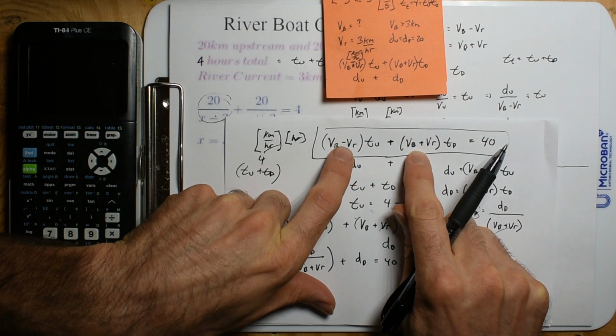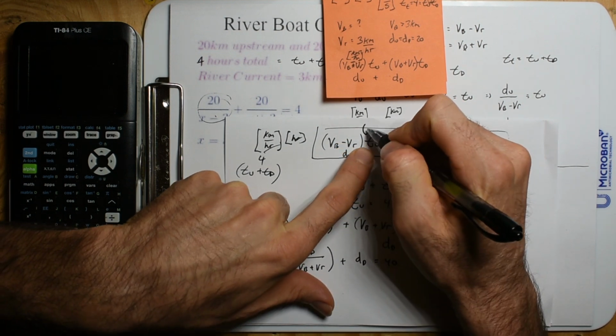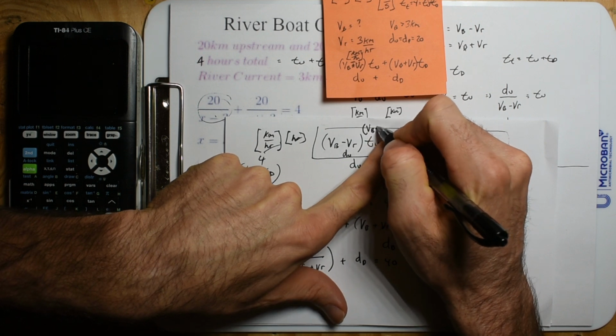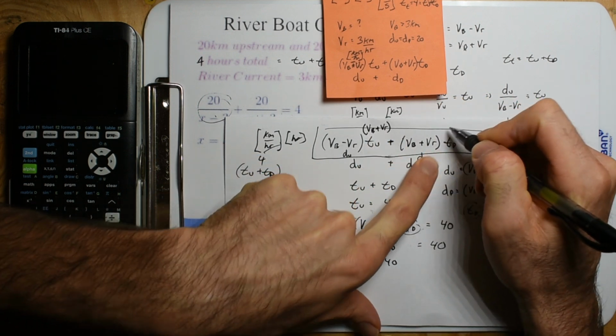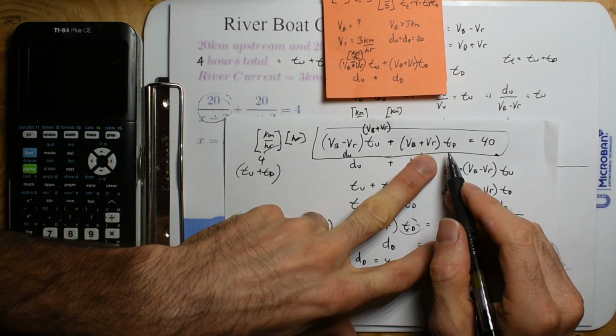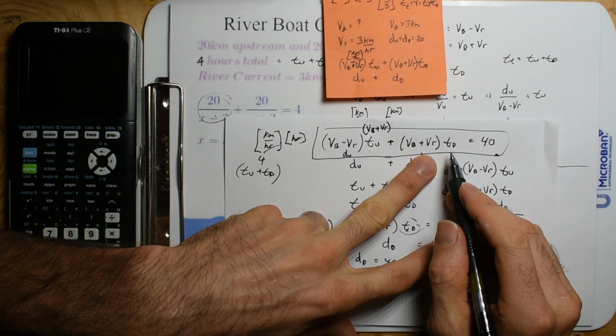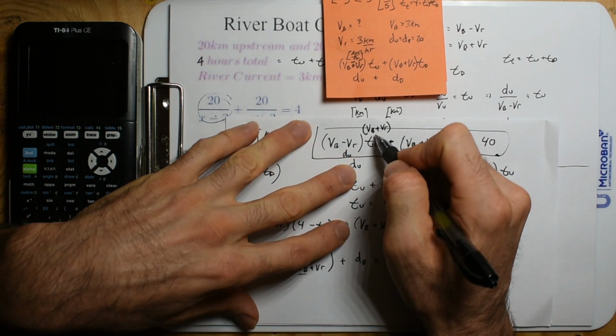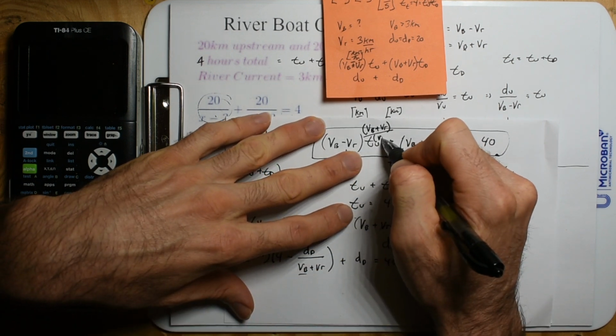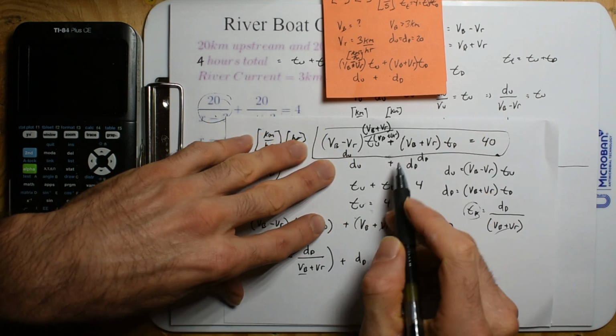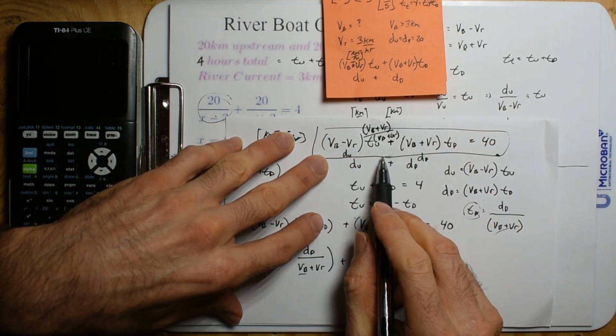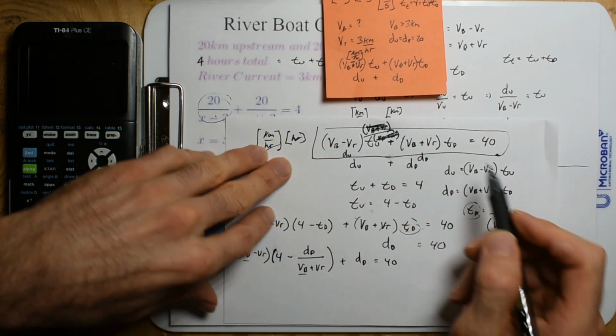And the only way to make these two things equal is that you could multiply this side by VB plus VR. And then, oh, you can't do that. Never mind. Oh, no, you could, but you just have to multiply the bottom by VB plus VR. So yeah, that's not going to work. Never mind there.